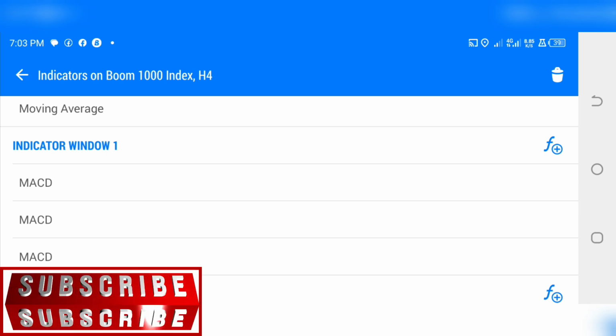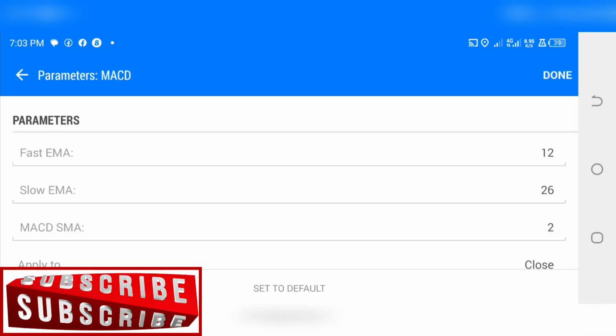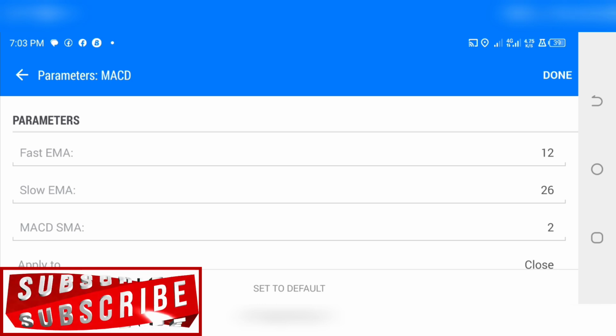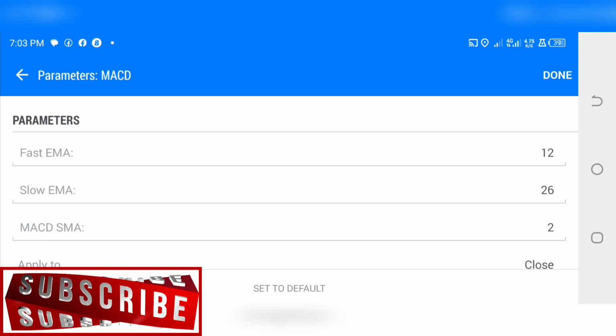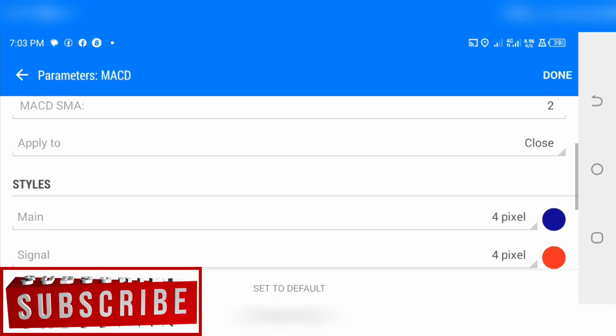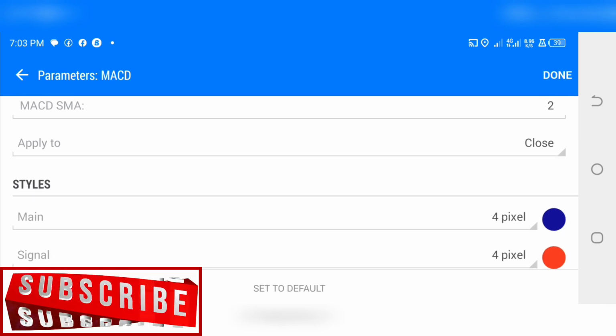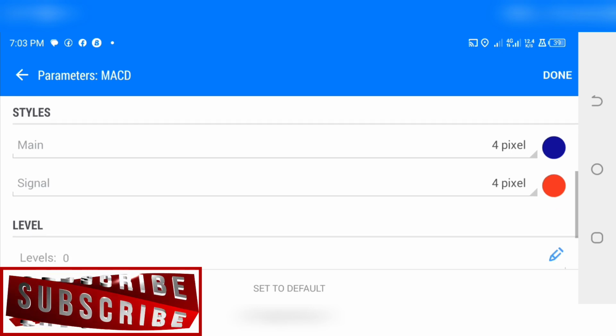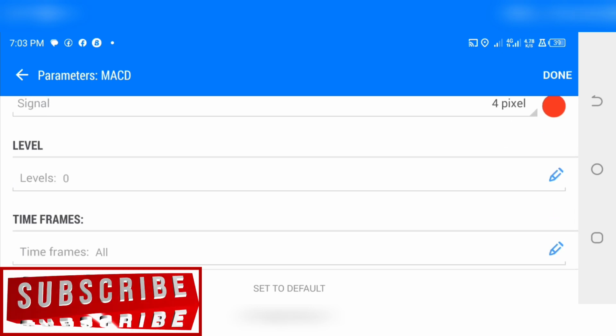MACD: fast EMA is 12, slow EMA is 26, MACD SMA is 2, apply to is close. Under style, main is 4 pixel dark blue, signal is 4 pixel red. Levels is 0.